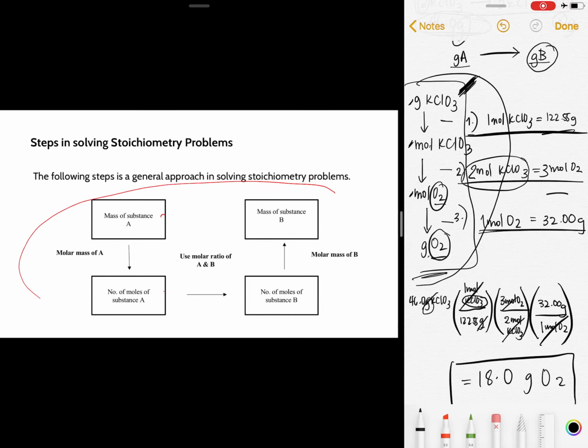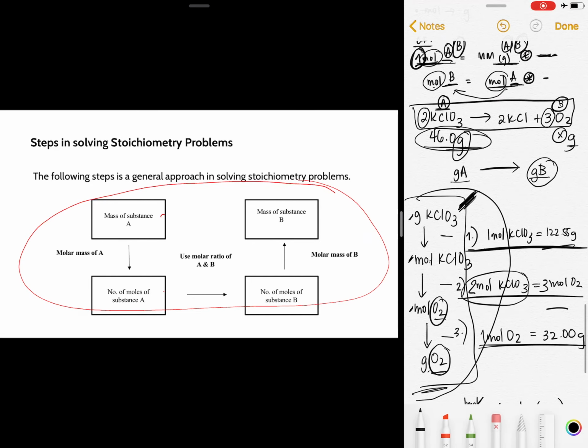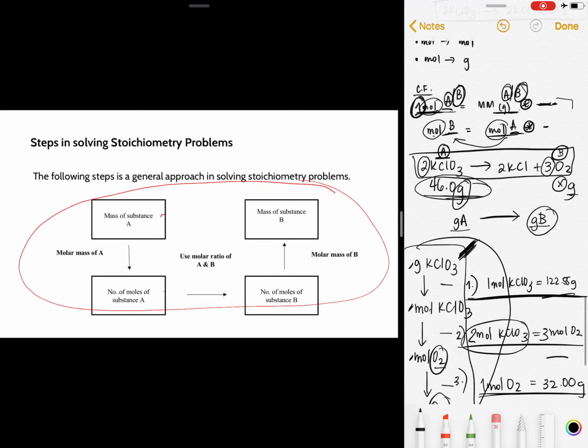But basically, this diagram is just the same concept kung anong tinuro ko sa inyo. So say for example, you have a mass of substance A. You want to convert it to the number of moles of your substance A. You use the molecular mass. And that is why I give you these conversion factors. And if you want to convert from mole to mole, this is the molar ratio, or the mole-to-mole conversion factor that I gave you.